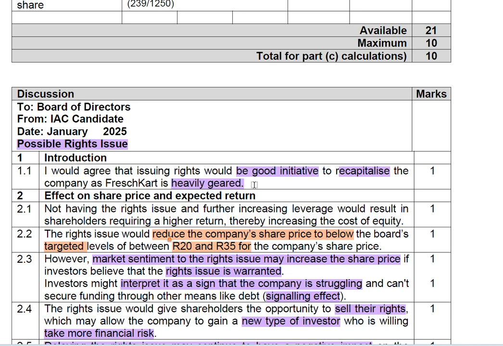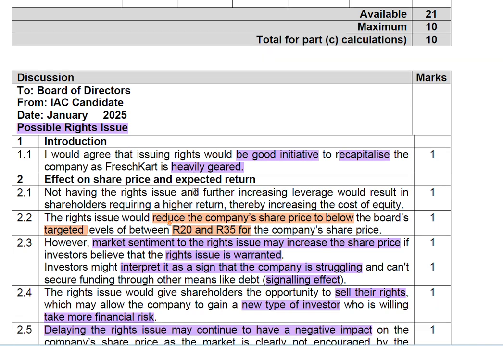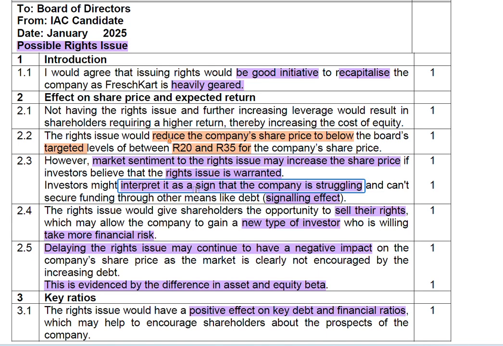But even though it is a good initiative, there are wrong things that come with it. So let us look at the effect on the share price and expected return. Not having the rights issue and further increasing leverage will result in shareholders requiring a higher return, therefore increasing the cost of equity.